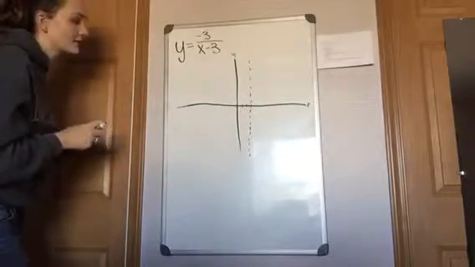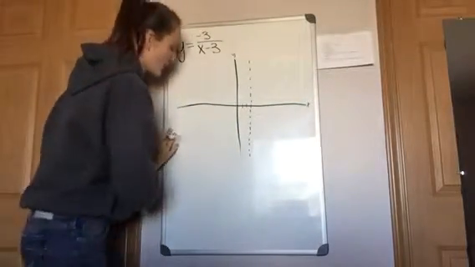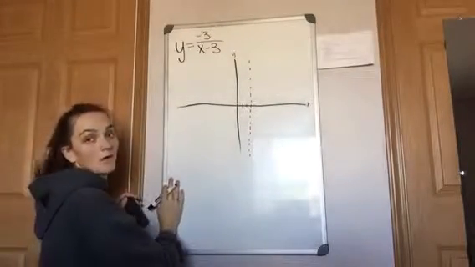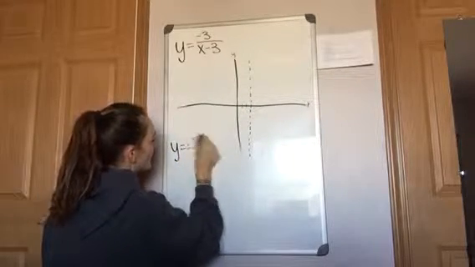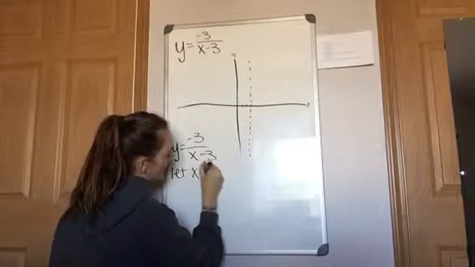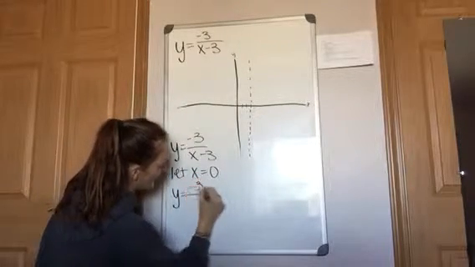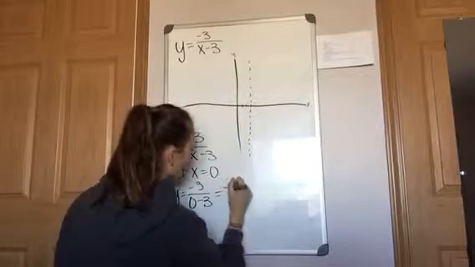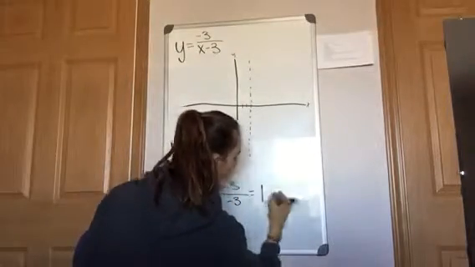So we need to just find which way our graph is going to go. So we're going to let x equal 0. So y equals -3 over x minus 3, letting x equal 0, we get y equals negative 3 over 0 minus 3, which equals negative 3 over negative 3, which just equals 1.